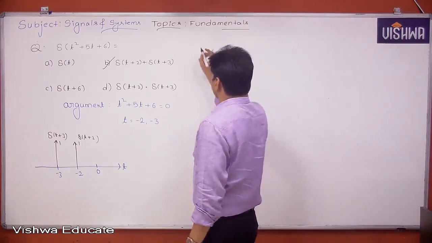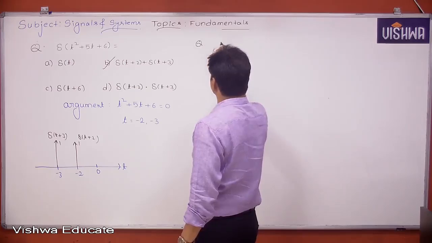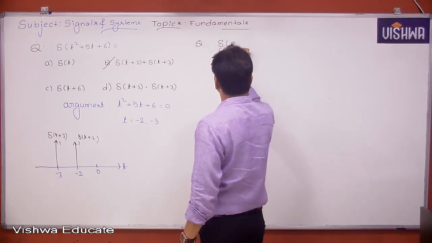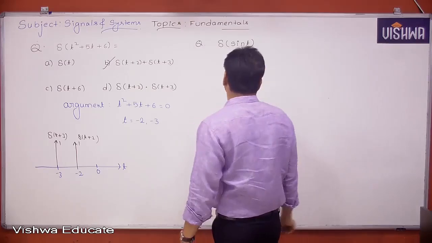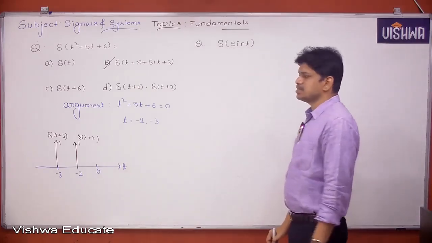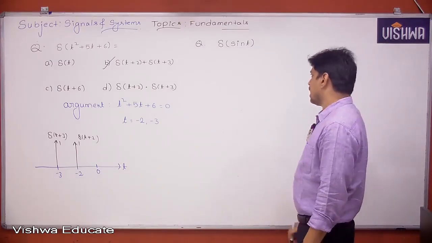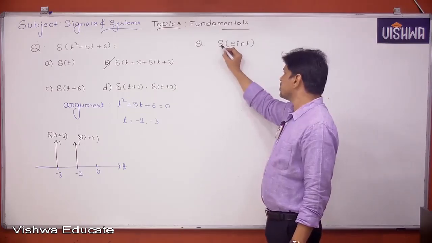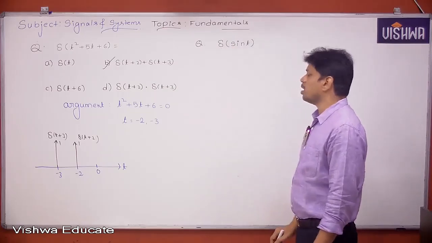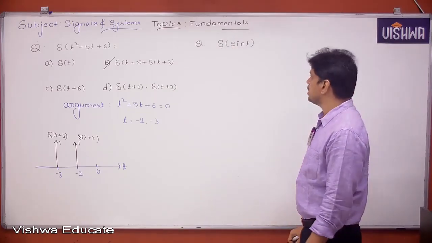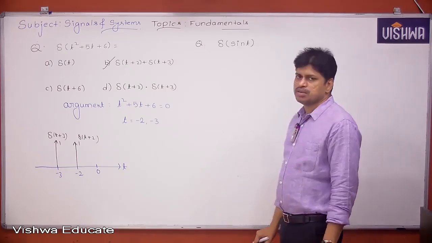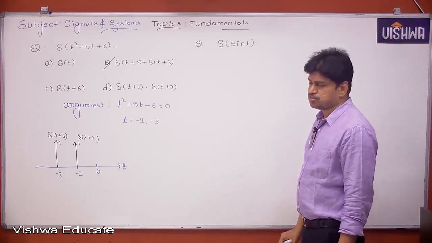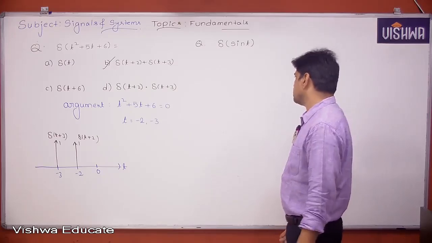Suppose I ask you to draw delta of sine t. How can you draw this? Again the same thing: the impulse function exists whenever the argument is 0. Here the argument is sine t. First check the sine t curve. Where the sine t curve is 0, there we can get an impulse function.